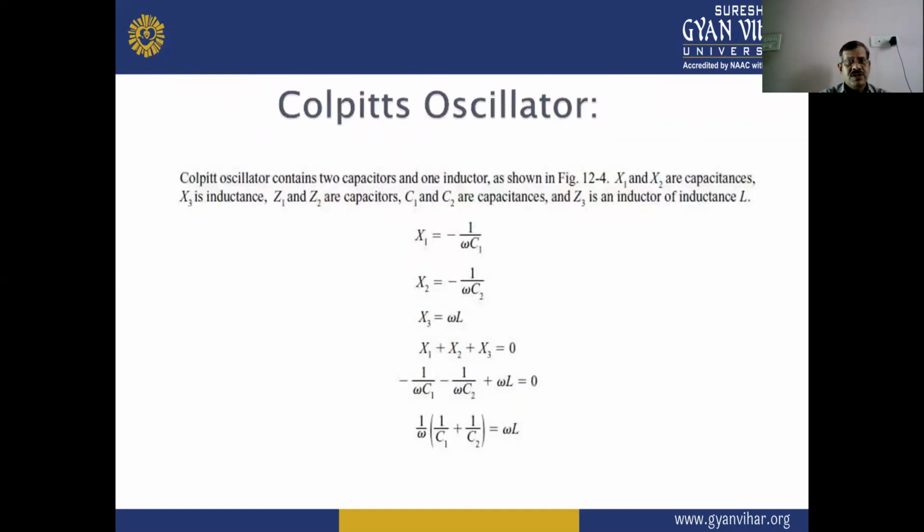A Colpitts oscillator contains two capacitors and one inductor. X1 and X2 are capacitive reactances, and X3 is inductive reactance.